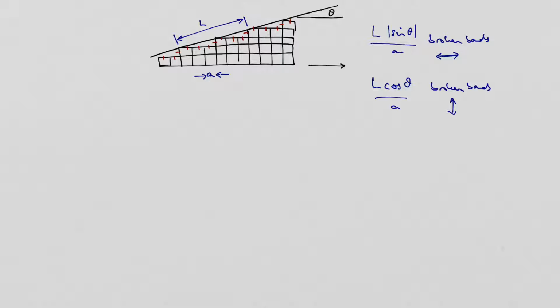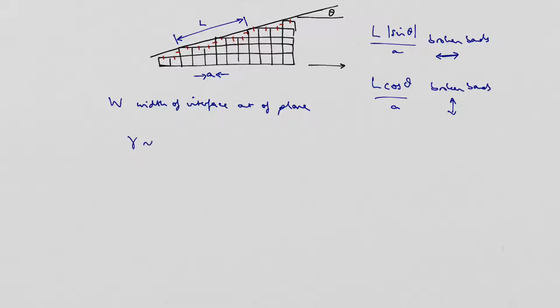Now let W be the width of the interface out of the plane of the screen. In other words, we assume this structure extends out some width W from the screen, then that's another W over A bonds in this direction.